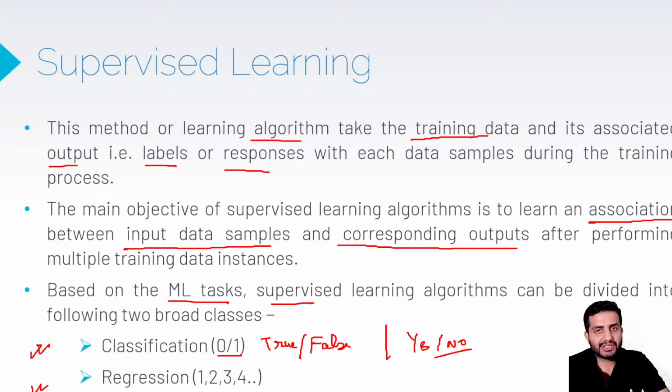Any output which is more of a regressed number, that is what we talk about as regression. So classification is more like 0, 1, true, false, yes, no. And regression is more like outputs where the output is a continuous number, like a salary or price, all of this coming under my regression types. So that's the broad classification of my supervised methods.